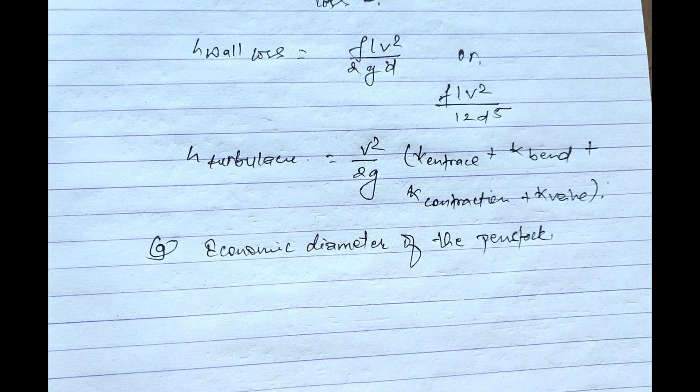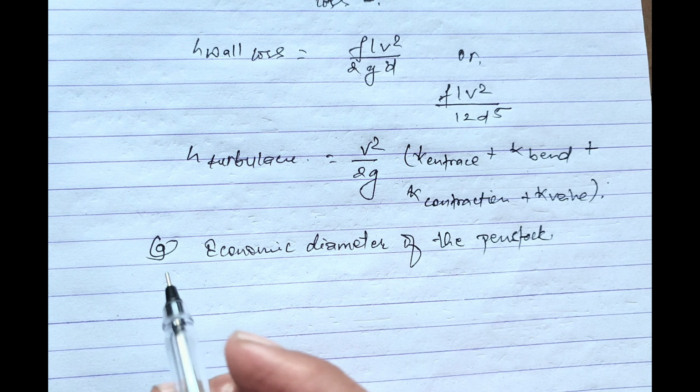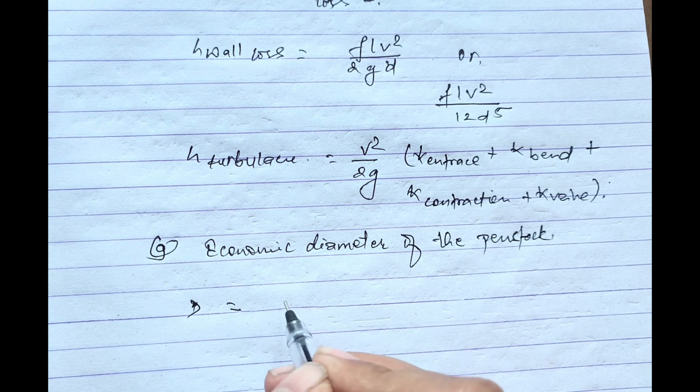As the pressure head or the cost of the pipes per ton increases, it is economical to reduce the diameter of pipeline. Similarly, as the load factor on the station increases, the diameter should be increased.